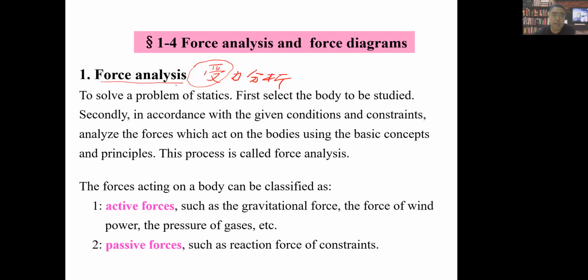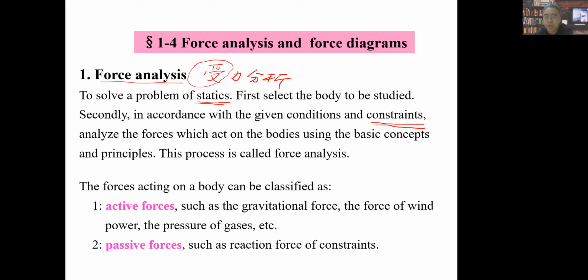What is force analysis? So let us read this sentence. This paragraph tells us what is force analysis. To solve a problem of statics, maybe it is a force system. First, we should select the body to be studied. Secondly, in accordance with the given conditions and constraints, all the common types of constraints maybe will occur in our problems.